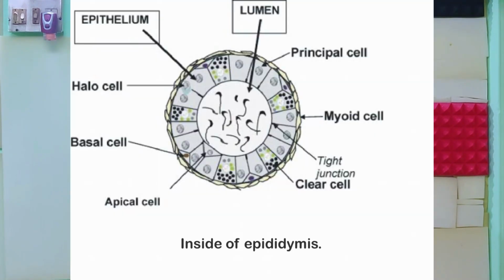Along with this, the entire inner surface of the epididymis is covered by important cells like principal cells, basal cells, apical cells, clear cells, intraepithelial lymphocytes and intraepithelial macrophages, which I will talk about in my special videos, not here.